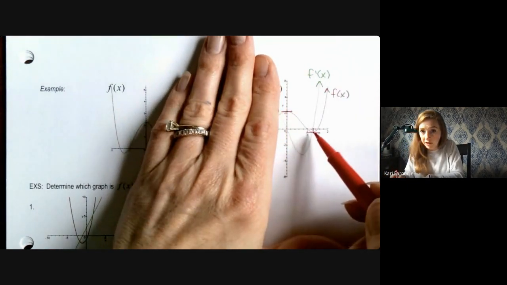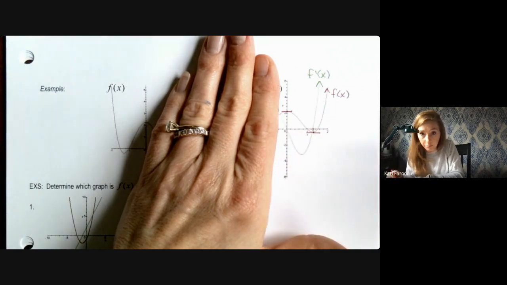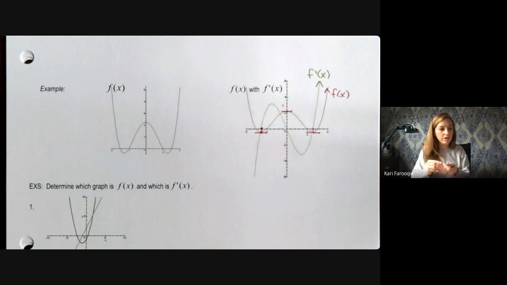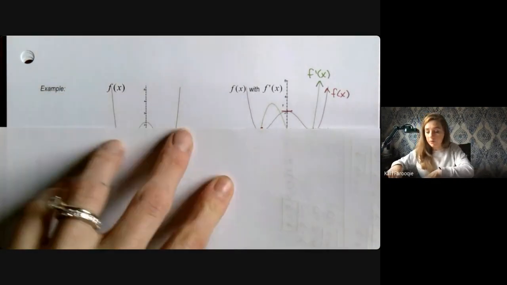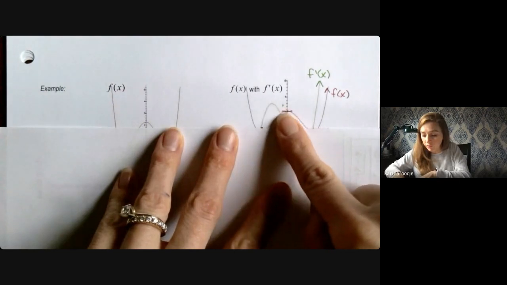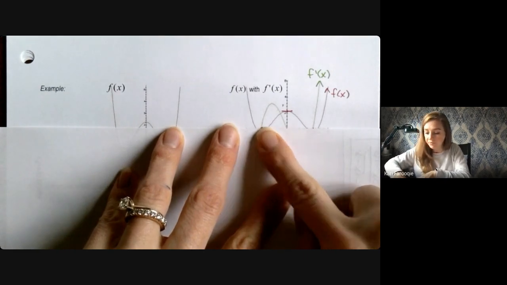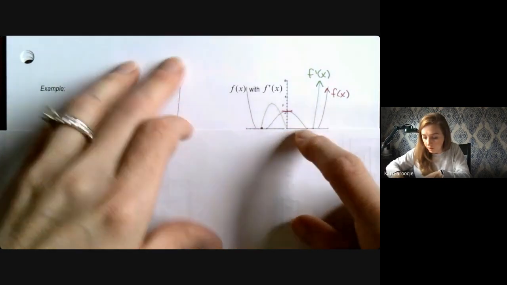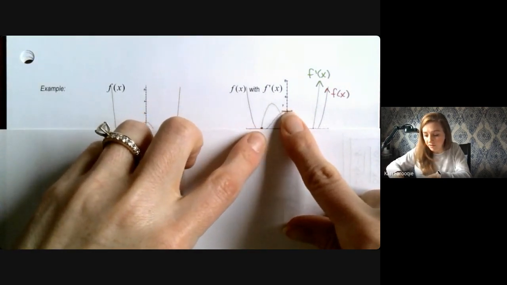Once your graph hits that critical point, your graph of f, now all of a sudden the slopes of the tangent lines are positive again, and you see that the graph of f prime lies above the x-axis. So if you even wanted to look at it, like let's say I wanted to cover up part of the graph, if I only wanted to look at what happened above, I would know by looking at the graph of the derivative function that my graph is going to be having positive slopes from this point right here where you see this little red intersection mark all the way up to where you see this next intersection.